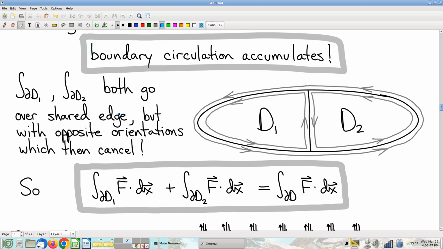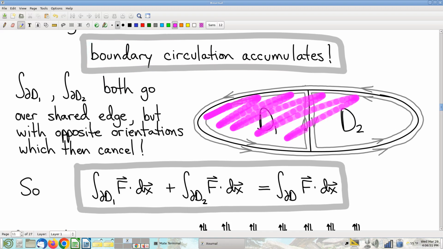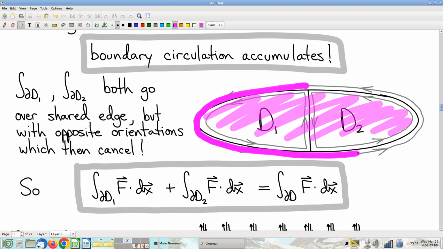So we're going to play the same game we have before. Let's look at the whole region here. There's a whole region. The boundary circulation is a line integral that you compute around that boundary curve, but wait, no, it's more complicated than that. Boundary circulation, this keyword boundary, remember, first thing we talked about today, when you hear the word boundary, that means there's an orientation.